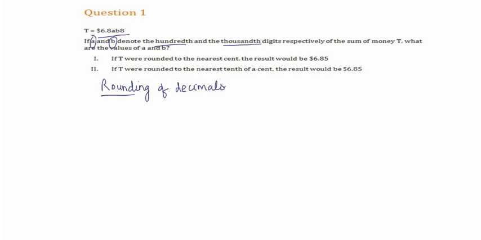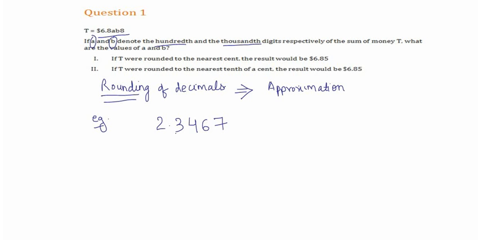Rounding is nothing but a simplification or approximation of numbers. Let us take a simple example first and then we will understand how rounding of decimals happens. Let us take an example, 2.3467.